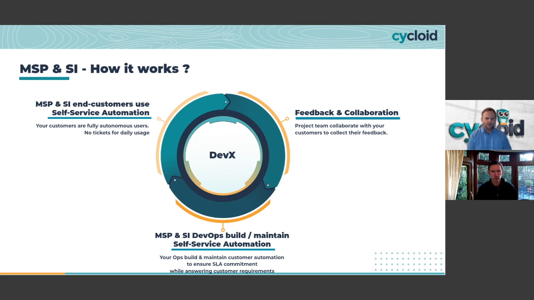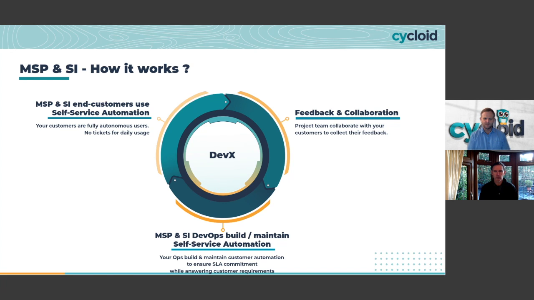The next use case, how does it work? The MSP and customer will use the self-service automation, as you understood already. Then the customer will give some feedback and collaborate with the MSP and SI, of course, because you will have new business requirements.